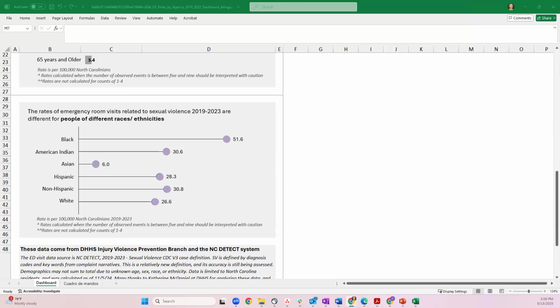Okay. So I think another thing, and this is something we have continued to lift up at NCCASA for over the past 10 years plus, which is asking rape crisis centers to look at their own race and ethnicity demographic and compare that service number to these ER visits.